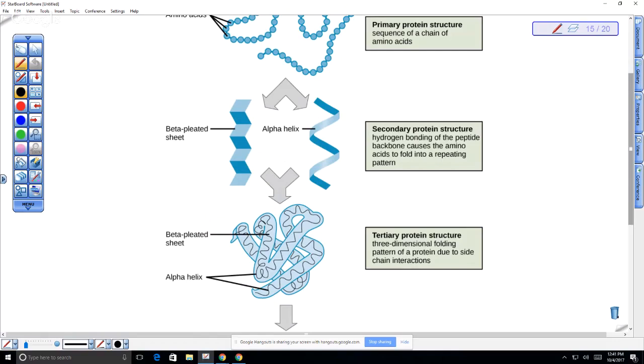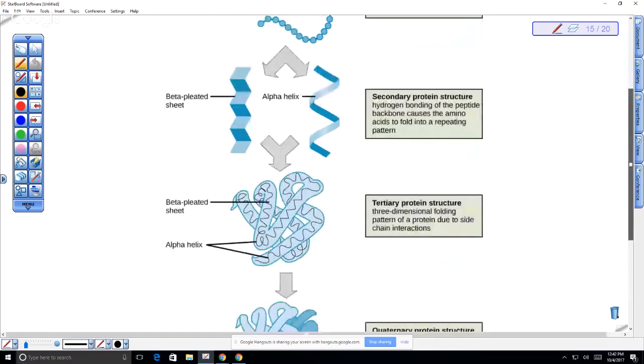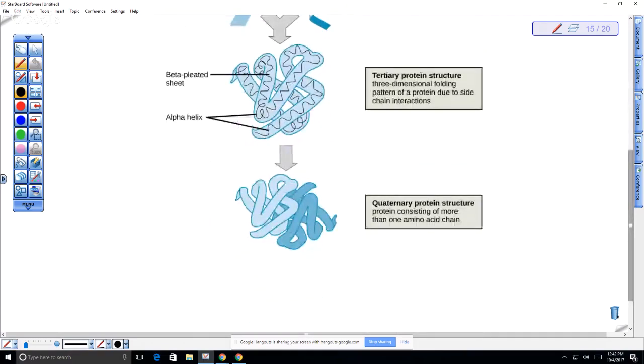You do not need to know the secondary, tertiary, and quaternary structures or the difference. You just need to know that they fold. The reason they fold is that they form hydrogen bonds between the molecules. There would be a little dotted line here and here and here. Those hydrogen bonds between different parts of the protein cause it to fold. But those are weak bonds, so they will unfold if the temperature gets too high, if you put too much energy into it.